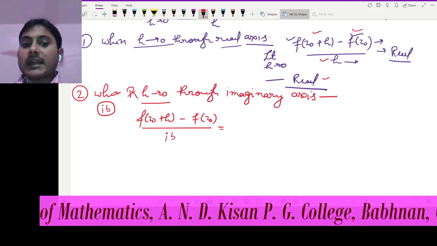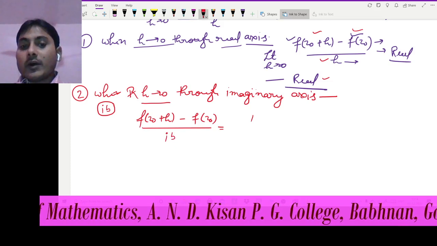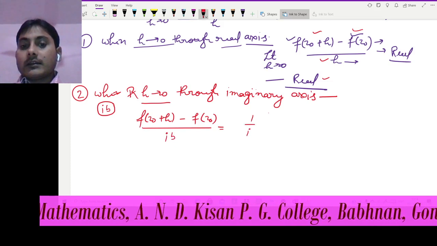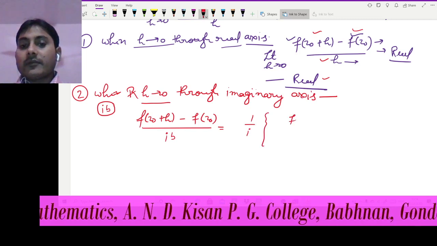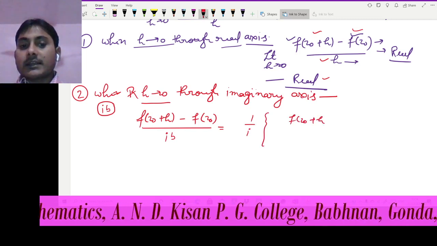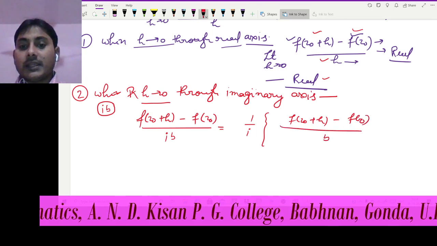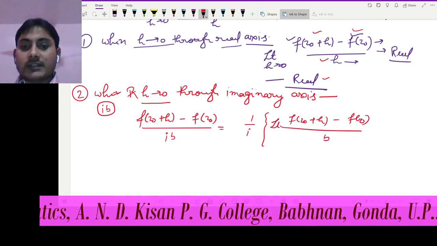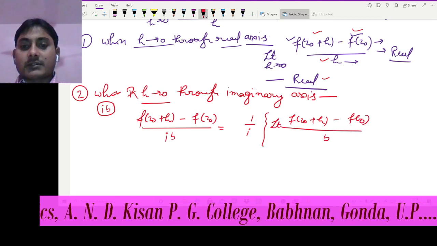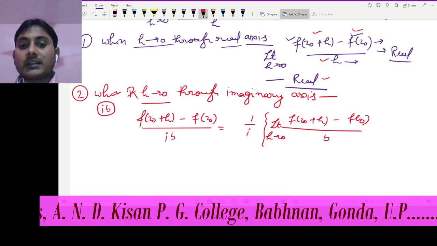So it can be taken as 1 upon i, and f of z naught plus h minus f of z naught upon b, and you can take the limit inside because it is a constant.